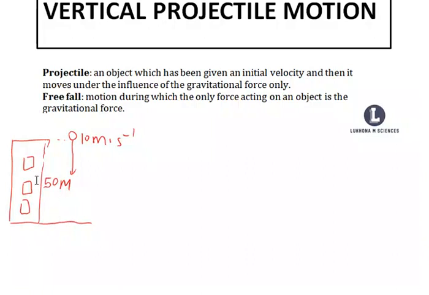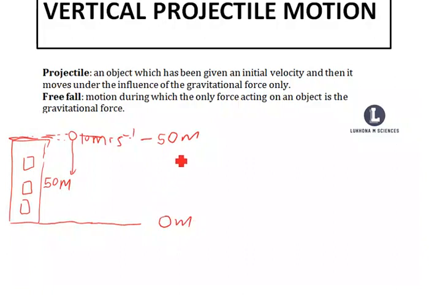Okay, let's start with the position. In this position, the ball is 50 meters above the ground, right? Then at the ground, the ball is at 0 meters.